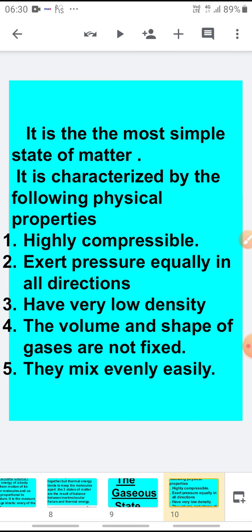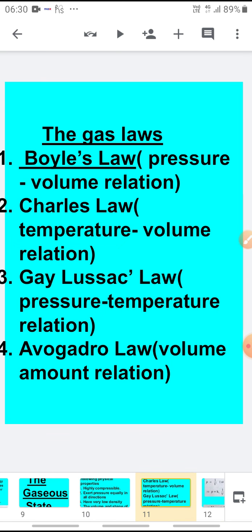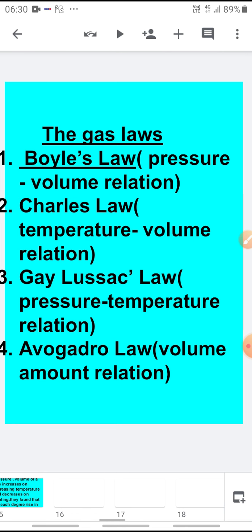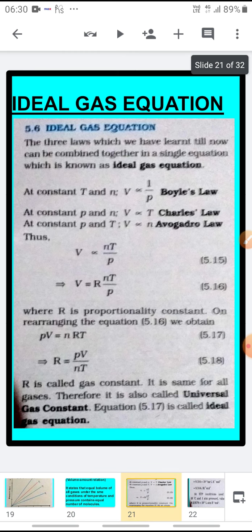I have told you the properties of the gaseous state of matter, and we were discussing the gas laws. The four gas laws we have already discussed are Boyle's law, Charles' law, Gay-Lussac's law, and Avogadro's law. Now today I am starting with the combination of these laws, that is the ideal gas equation.